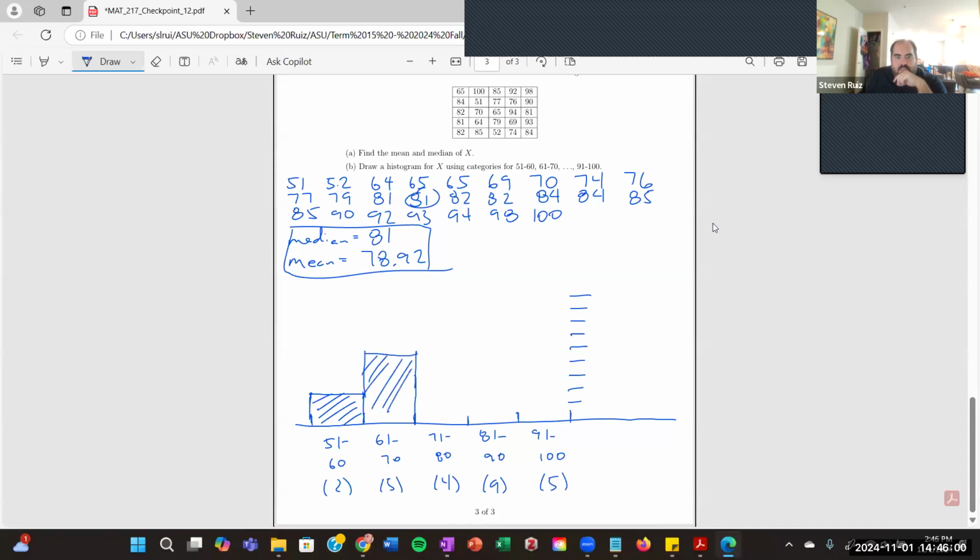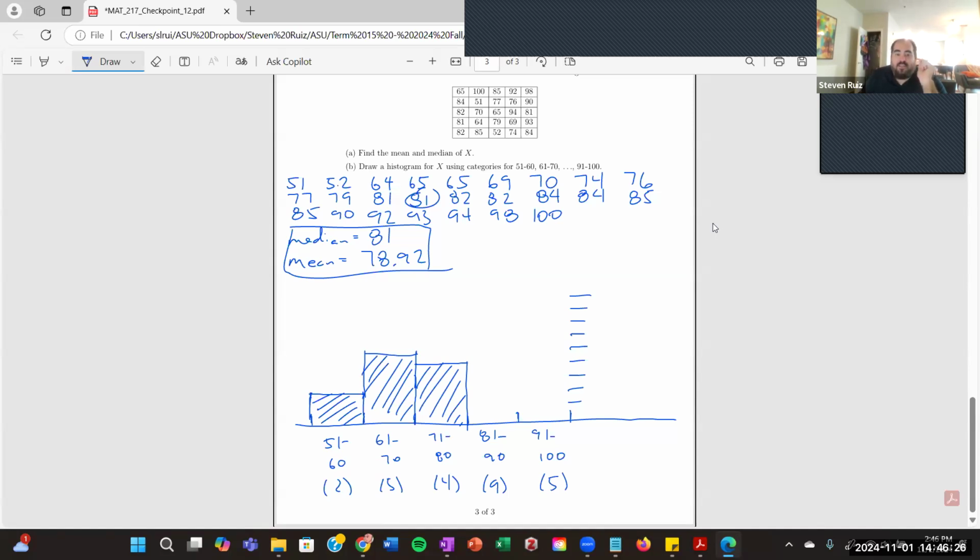Here we're just basically using the data to fill the rest of this in, making sure all these bars, perfection is not something I'm going to demand of you, but at least in relation to each other, they should make sense. For example, the bar for 71 through 80 should be noticeably shorter than the one for 61 through 70.